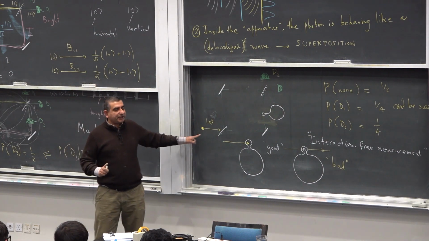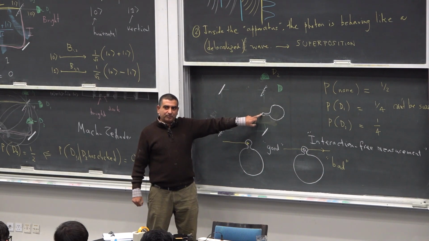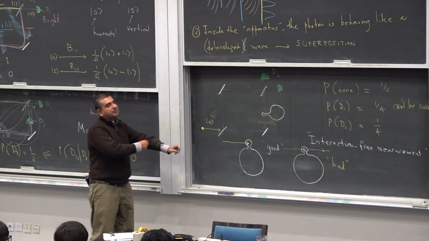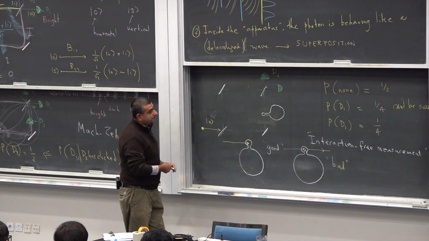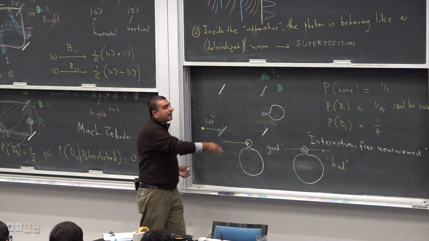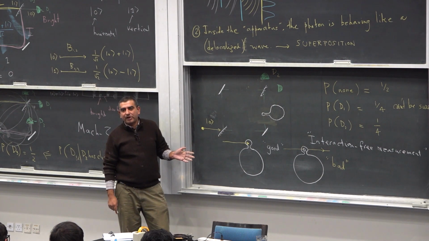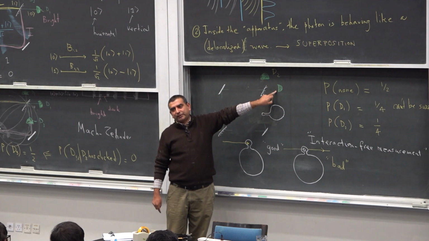However, in this particular example, if this were a bad bomb, then only D1 is going to click all the time.